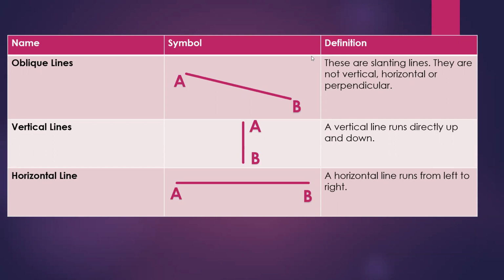It runs directly up and down. And Jevin, what do we know about a horizontal line? Horizontal lines run from left to right. Okay, it's a line that, what did I say? It runs from left to right. Very good.